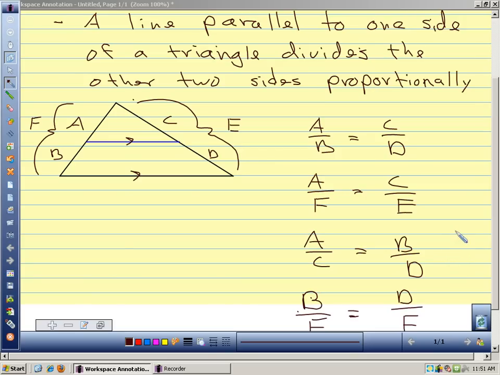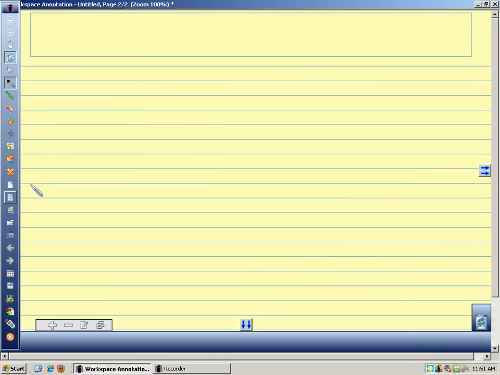So let's look at some examples of using the side-splitting theorem. So here's our triangle for our first example.